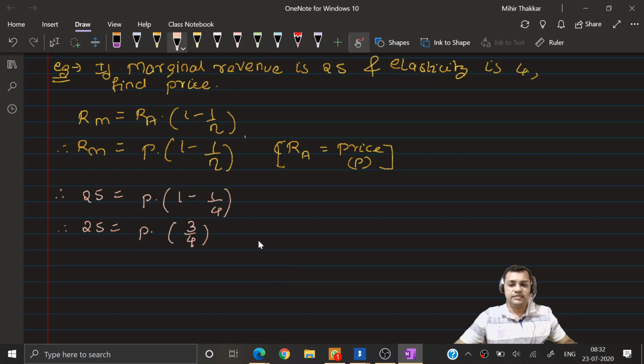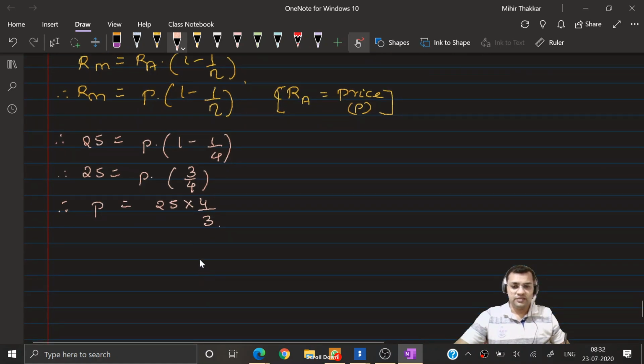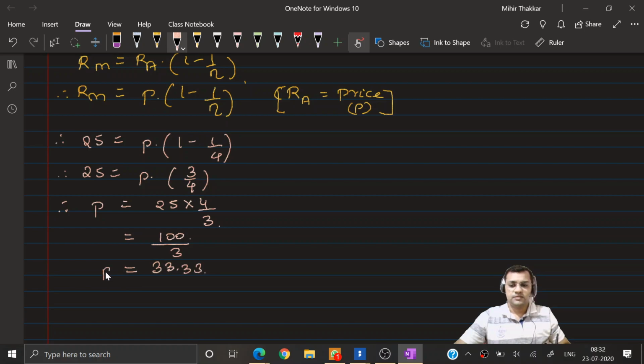Then just take the reciprocal of this 3 by 4, so you will get P is equal to 25 into 4 by 3, and 25 into 4 is 100, so this is equal to 33.33. As simple as that.